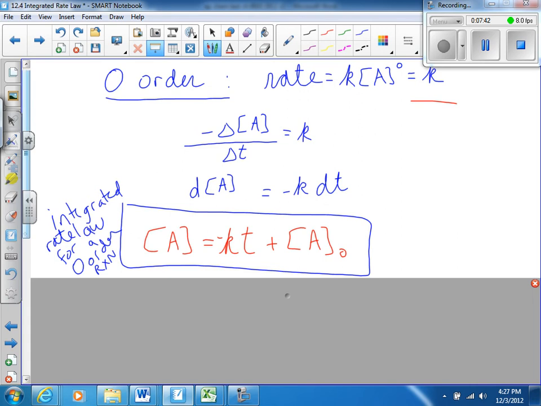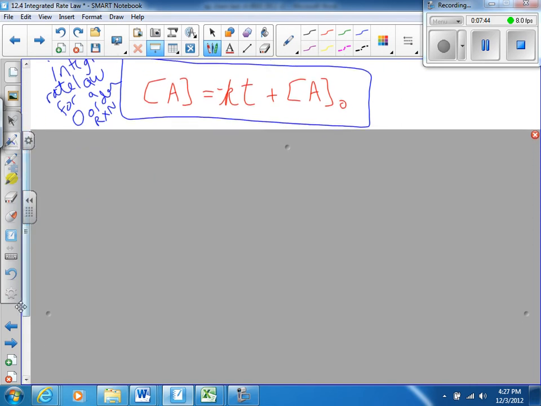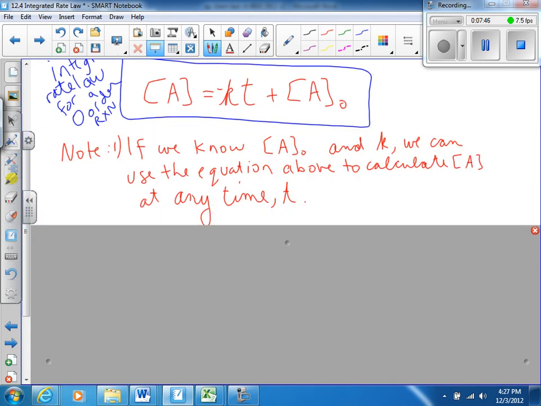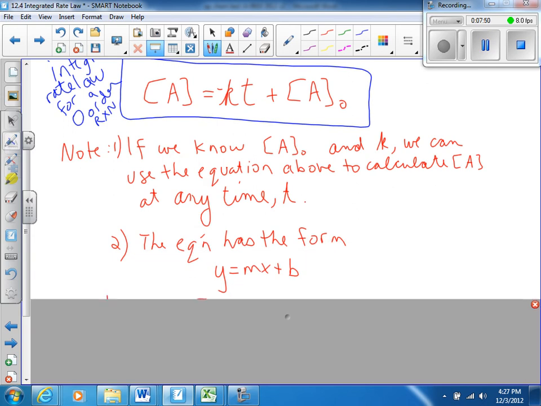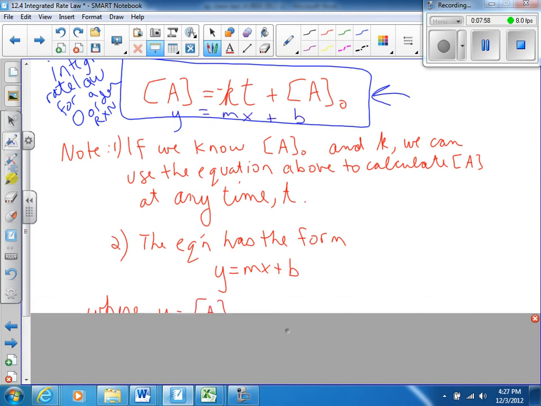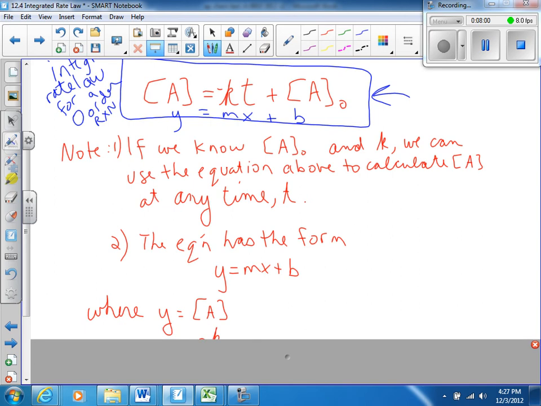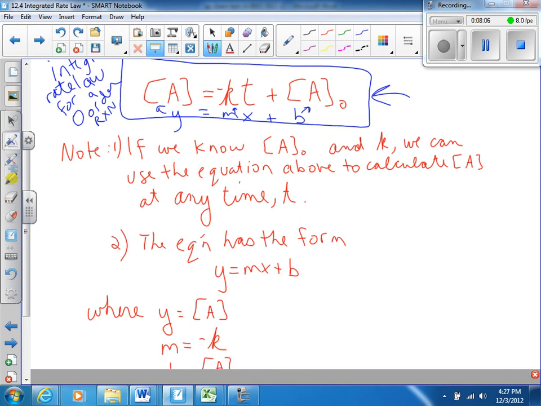Right there. Okay, and again, it has the form y equals mx plus b. We're going to look at number 2 first. And this equation right here has the form y equals mx plus b, where y is our concentration of A, m is negative k, and b is our initial concentration.